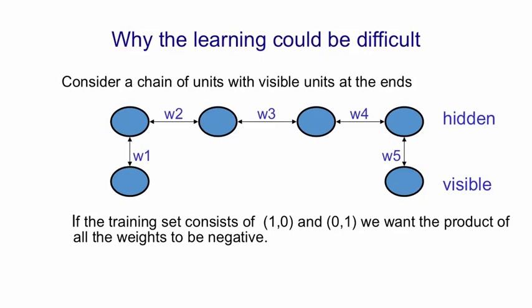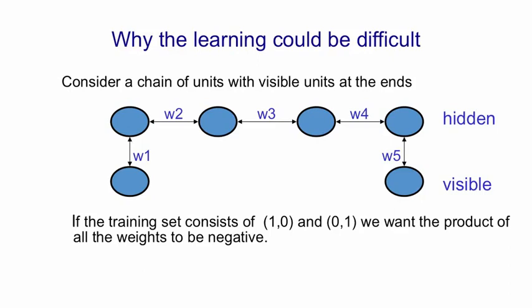So for example, if all the weights are positive, turning on W1 will tend to turn on the first hidden unit, and that'll tend to turn on the second hidden unit, and so on, and the fourth hidden unit will tend to turn on the other visible unit. If one of those weights is negative, then we'll get an anti-correlation between the two visible units.